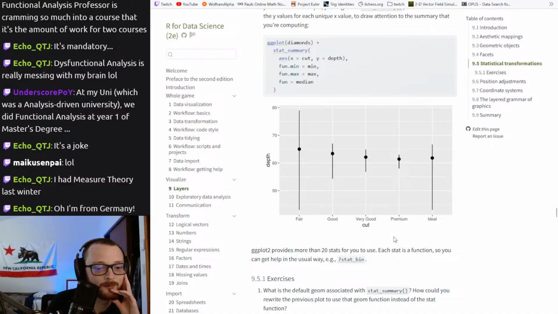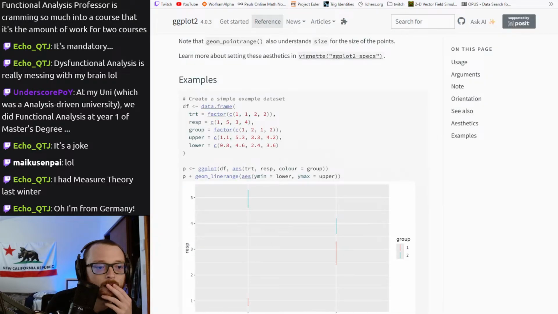Europe tends to be a lot more analysis. I just feel like a lot more pure math, like analysis, abstract algebra, that type of stuff. And you can get that in America, but the default is usually a little more applied.